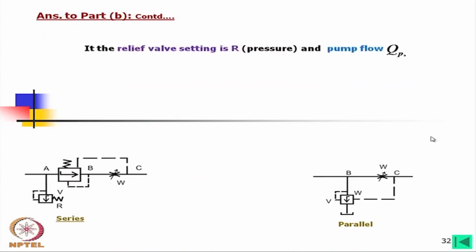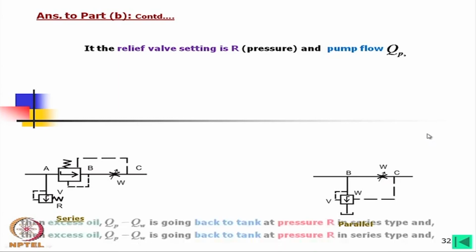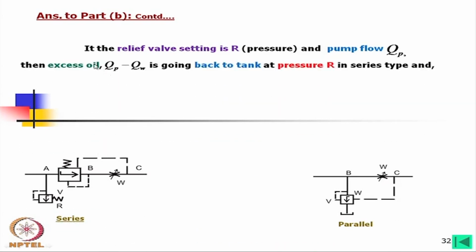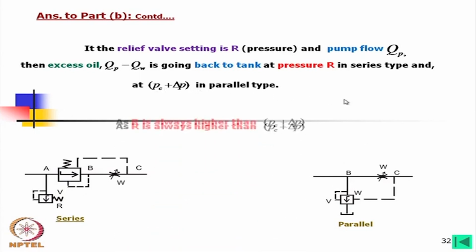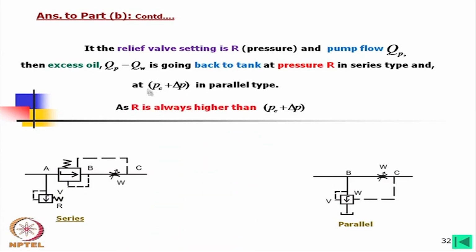If the relief valve setting is R and pump flow is Qp, then Qp minus Qw is going back to the tank at pressure R in series type, whereas it is going back to tank with only this pressure drop, and this R is always greater than this.